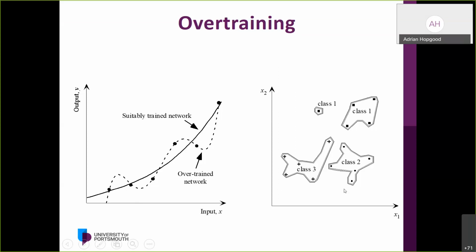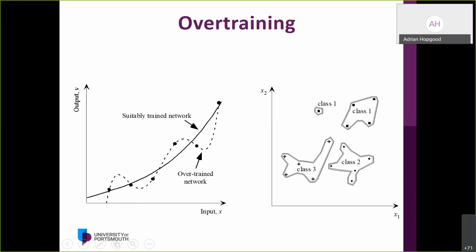And you can see that in this two-dimensional example here on the right-hand side, where we've got some examples of class 1 up here, class 2 here, class 3 here, and the overtrained neural network has become very proficient at identifying these in class 2, these in class 3, these in class 1.